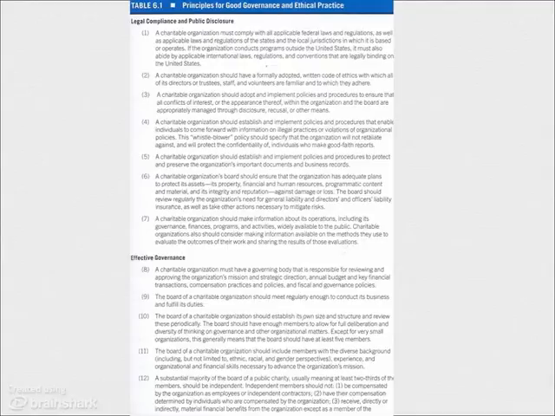There's 7 items there, and move on into the effective governance, strong financial oversight, and responsible fundraising, because these are all principles for good governance and ethical practices, and the foundation for good governance and ethical practices in nonprofit organizations. So that's really key, to be sure that you have read and understood those 3 pages between 137 and 139. Again, it's legal compliance and public disclosure, effective governance, strong financial oversight, and responsible fundraising.